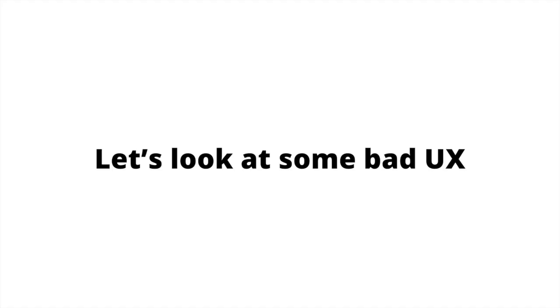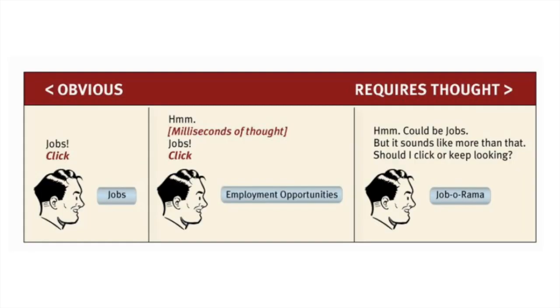So the fun part, looking at bad stuff. This is kind of like a scale of obvious to not so obvious. Starting with the obvious, if we see a button that says jobs, we'll say, oh, cool, let's click it. That means jobs.